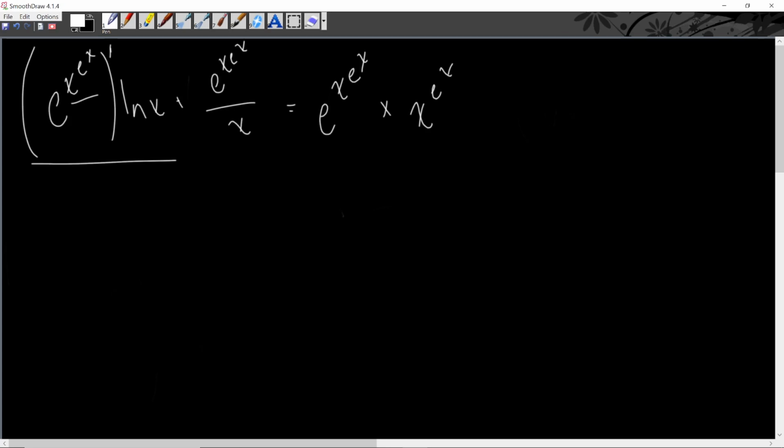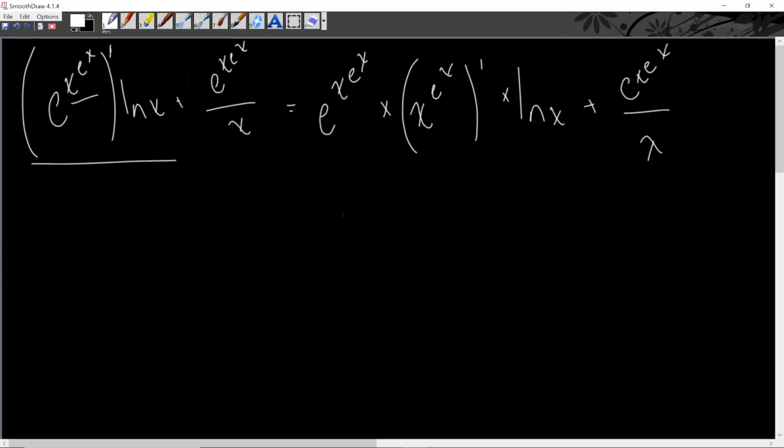But yes, we are going to do this, which is going to be our u prime times ln x plus e to the power of x to the power of e to the power of x all over x. Now, this is going to look like our generalized power rule.